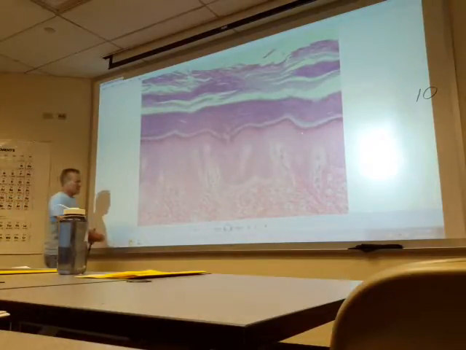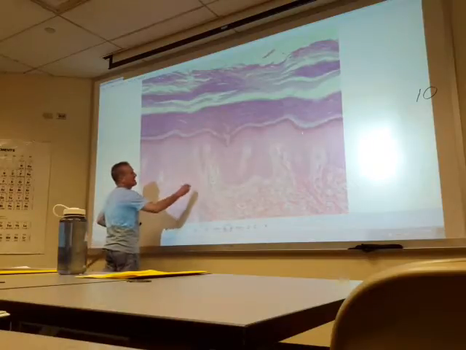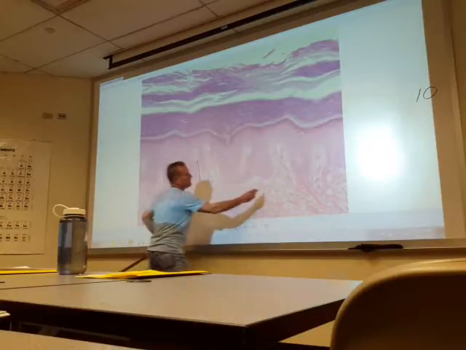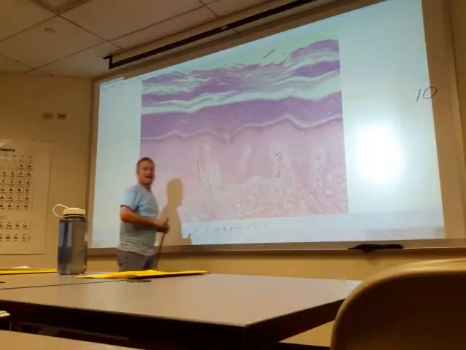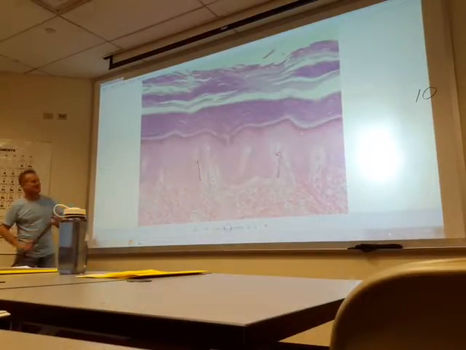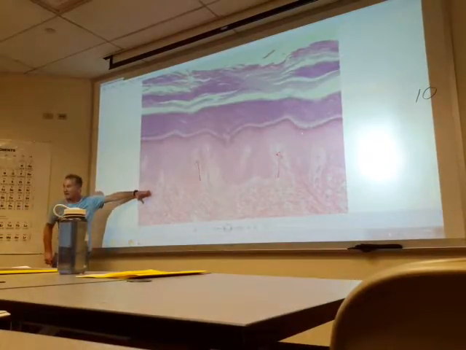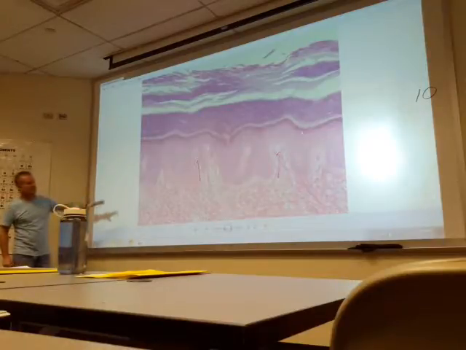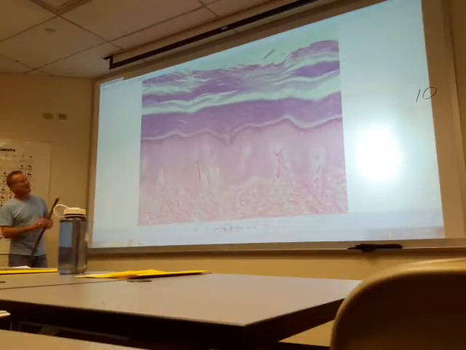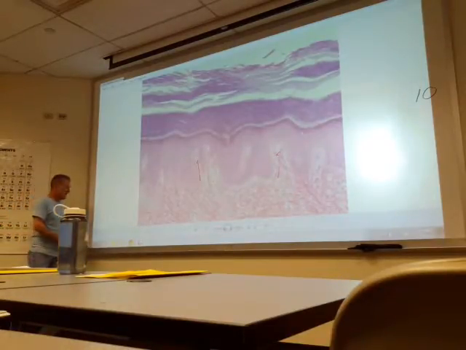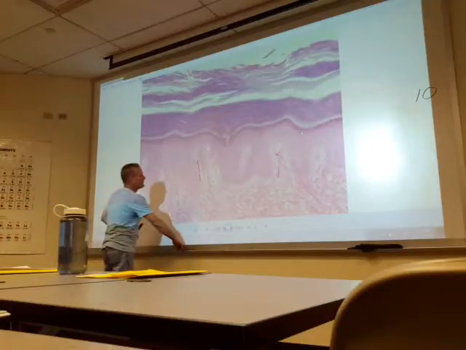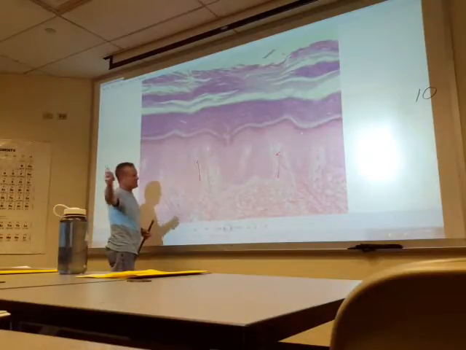So these dermal projections that stick up are called dermal papillae, and that makes sense. That goes with the papillary region, the superficial aspect of the dermis is the papillary region. So those projections are called dermal papillae, and these words are on your notes, guys.